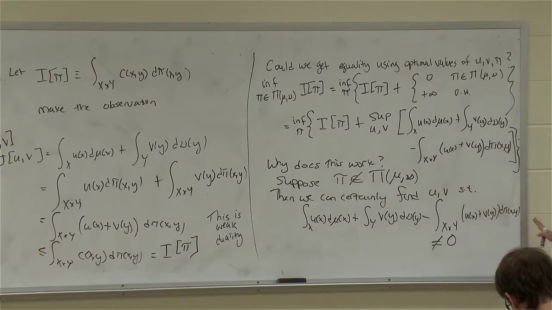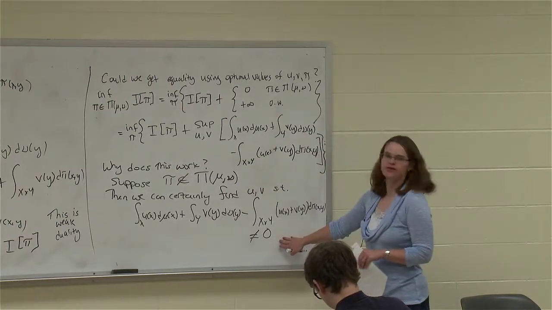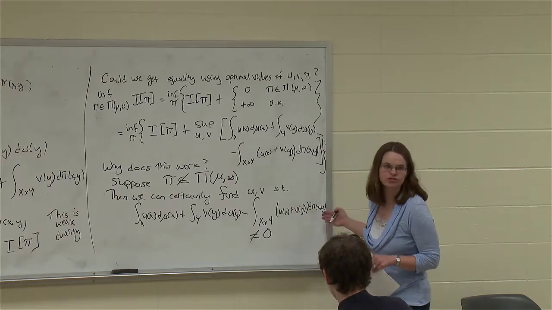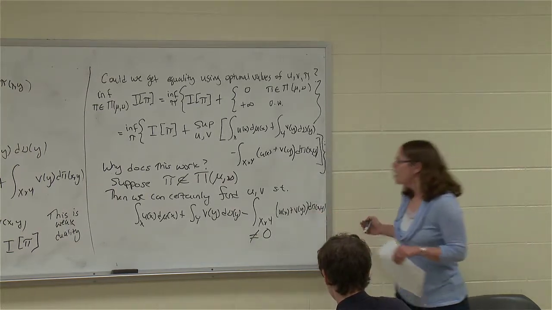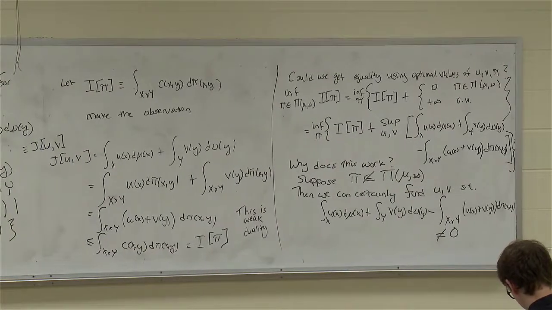Do you believe that step? If we always got 0 here, no matter what choice of u and v I put in, then I would have to say the marginals must be correct. Okay, so now let's take that u and v.